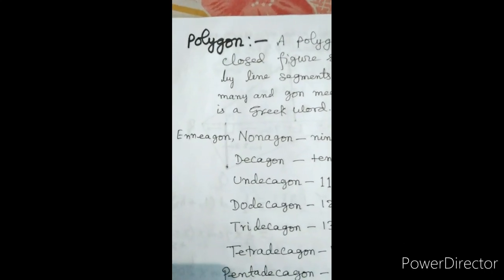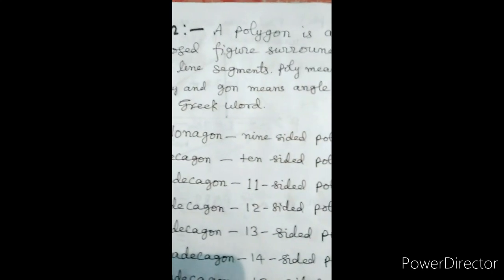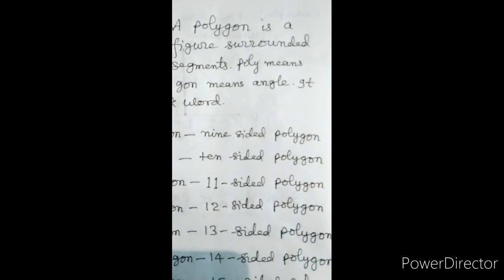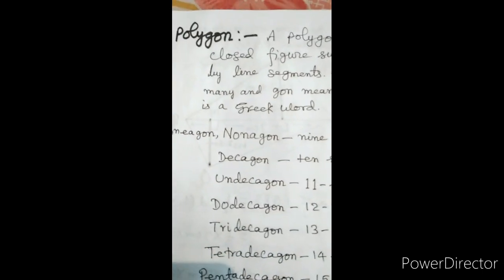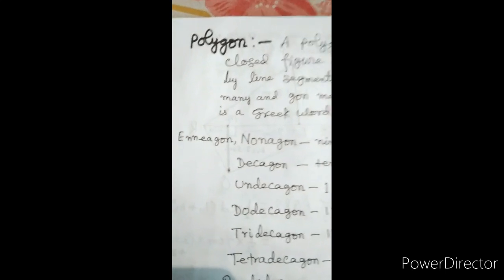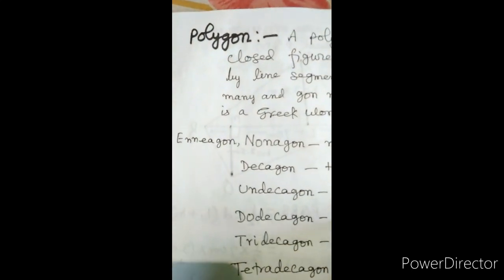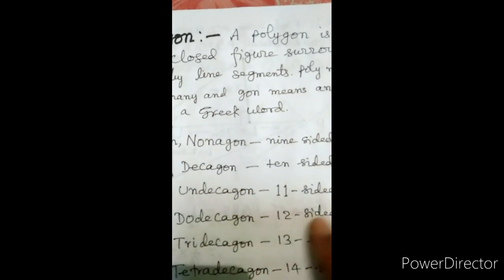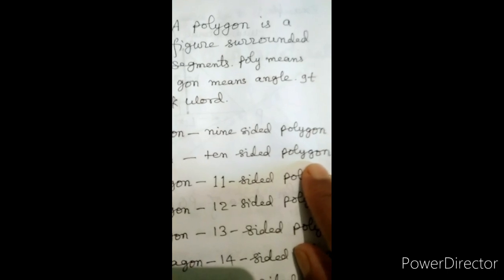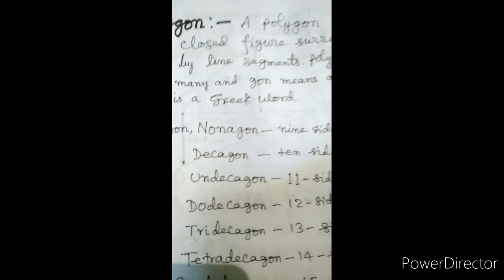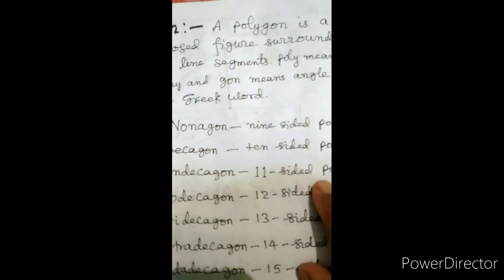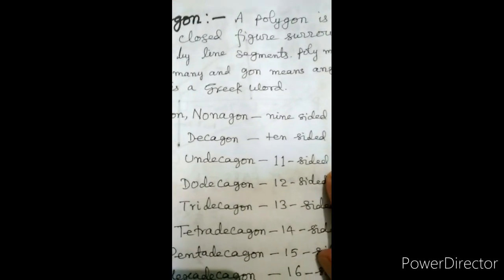If there are 8 sides, then it is an octagon. If there are 9 sides, then it is a nonagon, 9-sided closed figure. If there are 10 sides, that is called decagon. 10-sided polygon is called decagon.